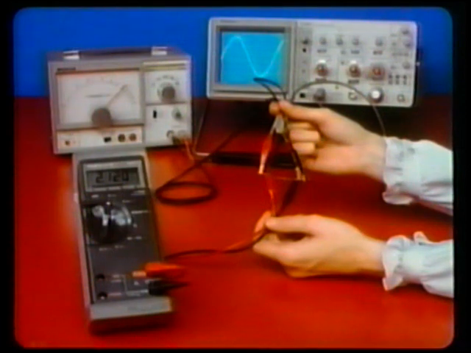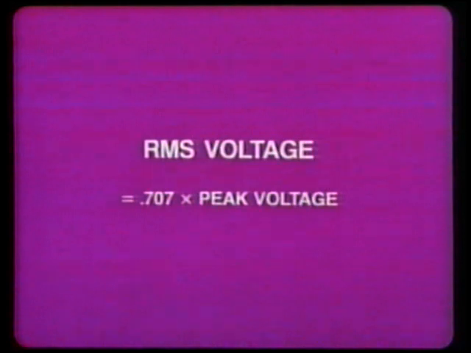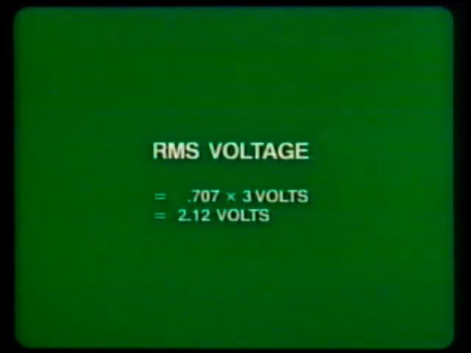The reading on the meter is different from that of the oscilloscope because it is measuring the effective voltage, or RMS, of the waveform. To find the RMS voltage, multiply 0.707 times the peak voltage. This gives you 0.707 times 3 volts, which equals 2.12 volts.